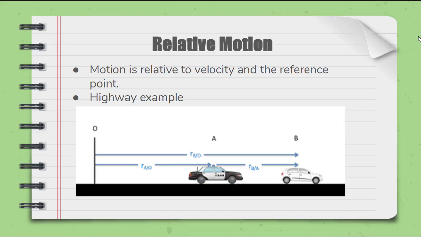It's the same thing if you are traveling 70 miles per hour and the car next to you is traveling at 65 miles per hour. It is going to appear to be going -5 miles per hour in the reverse direction because of your reference point. So again, motion is relative to velocity and whatever you decide is the reference point in which you're looking at it.